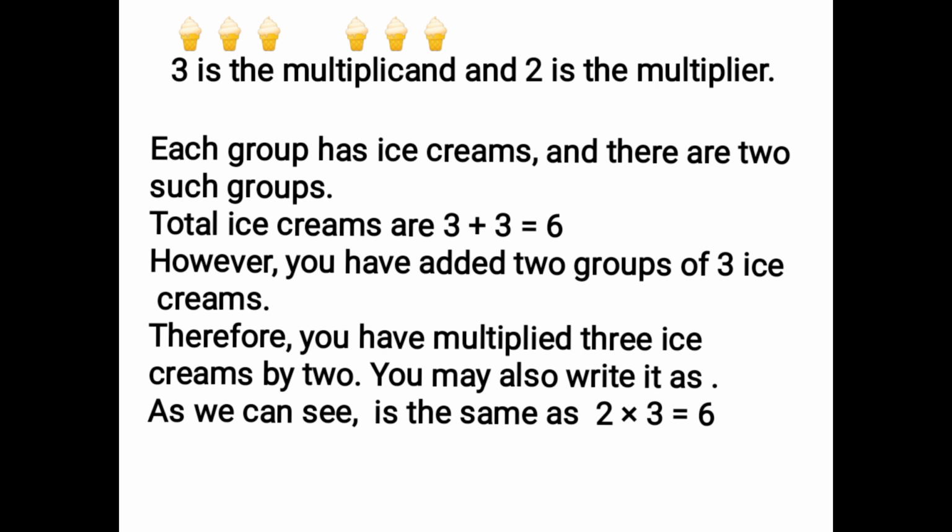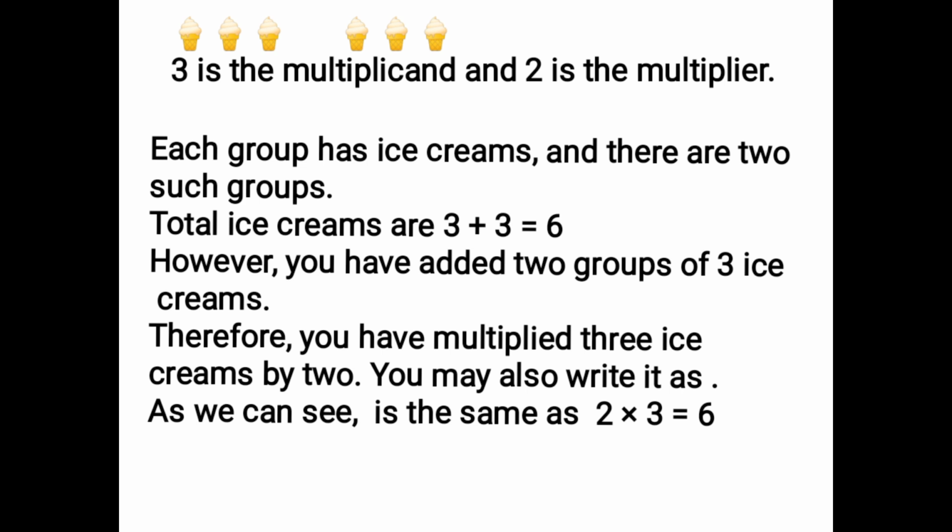You can actually count it yourself to be sure if Miss Caris is correct, okay? If you have added 2 groups of 3 ice creams, you have multiplied 3 ice creams by 2. Just like I said, 3 into 2 places.